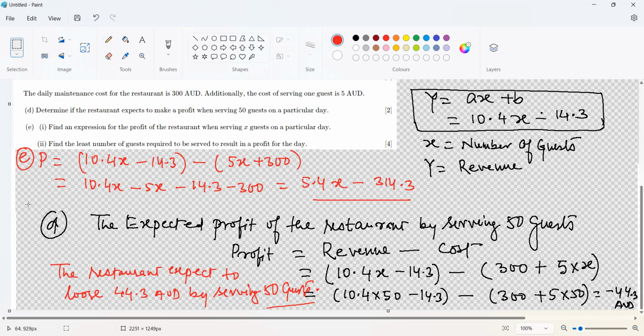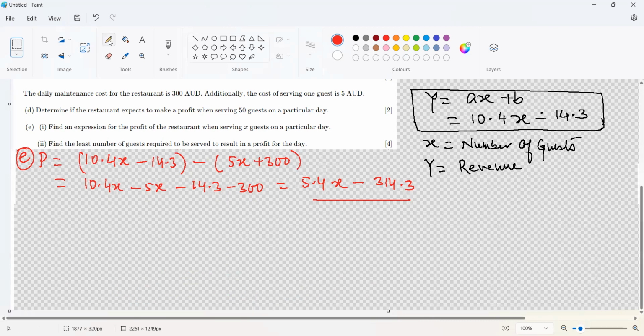Next comes E part 2. Find the least number of guests required to be served to result in a profit for a day. Least number of guests. So to make the profit, I need this expression to be greater than 0.